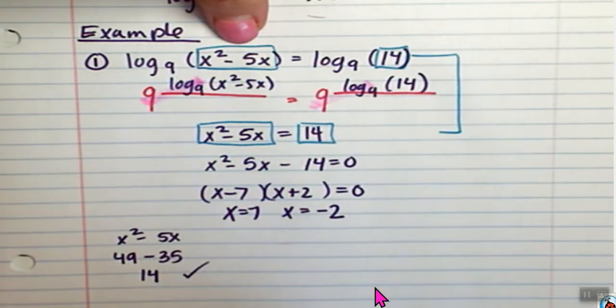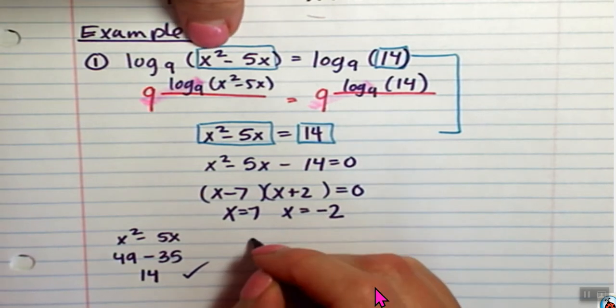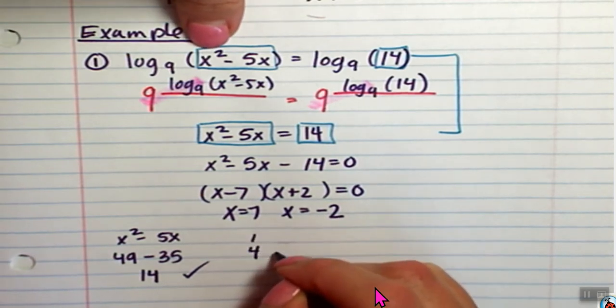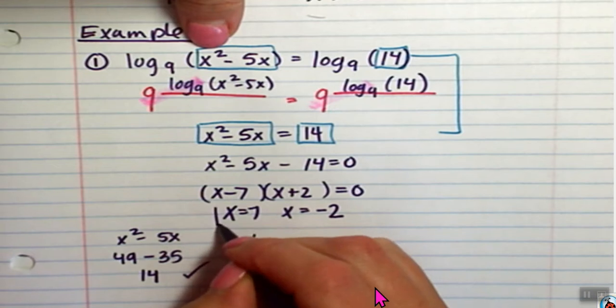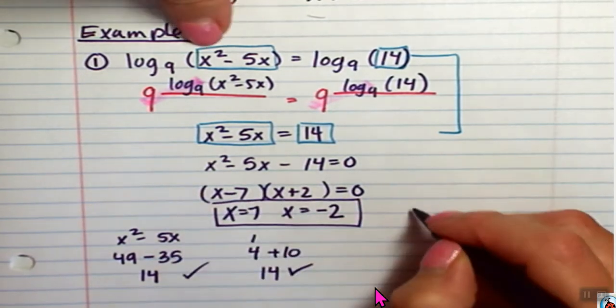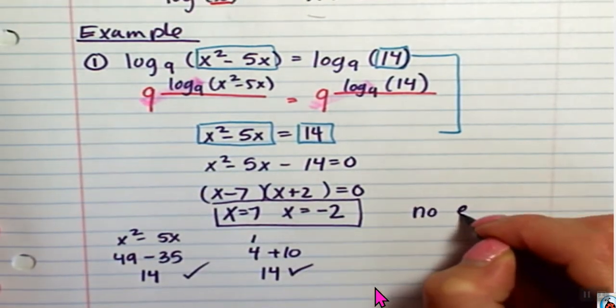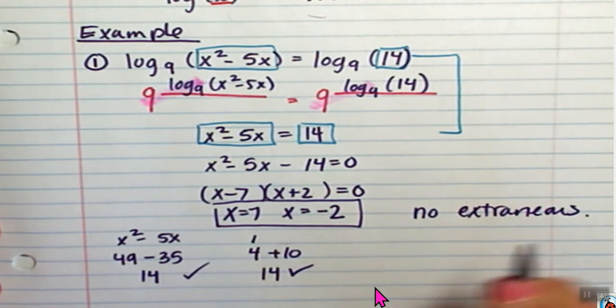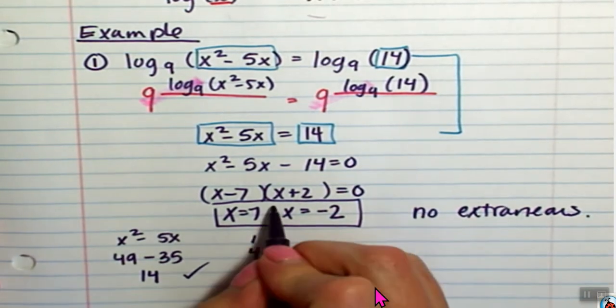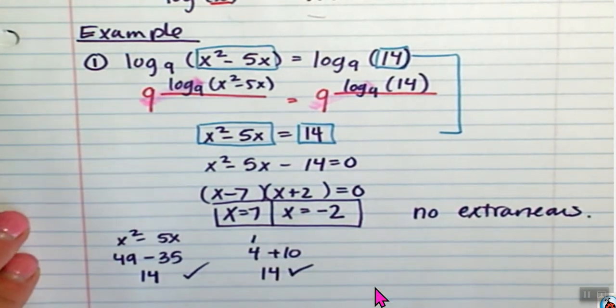Yes. All right, -2: 4 plus 10. Okay, so they both work, which means there are no extraneous solutions because both of these values worked.